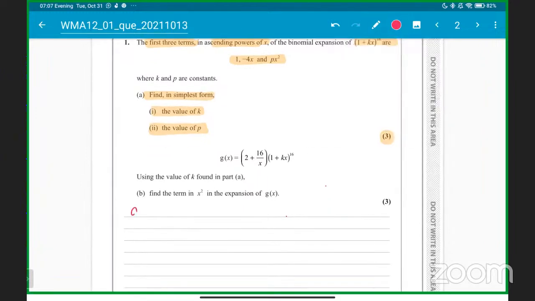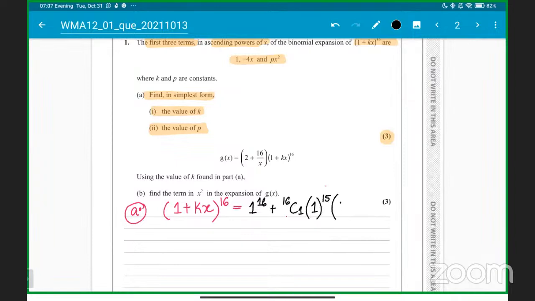So first thing, again, they are telling us the first 3 terms are this. We just have to compare. So 1 plus kx to the power of 16. Are you guys following? Clear? So it will be 1 to the power 16 plus 16C1 into 1 to the power of 15.